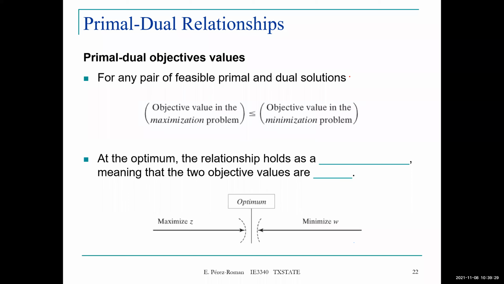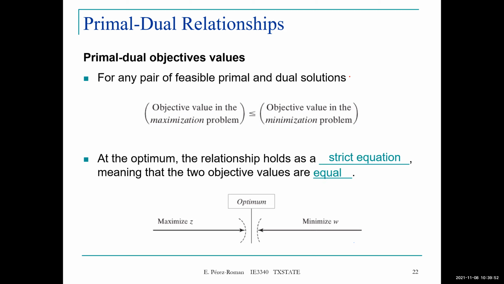So let's look at this. For any pair of feasible primal and dual solutions, the objective value in the maximization problem is always less than or equal to the objective value in the minimization problem. At the optimum, the relationship holds as a strict equation, meaning that the two objective values are equal.